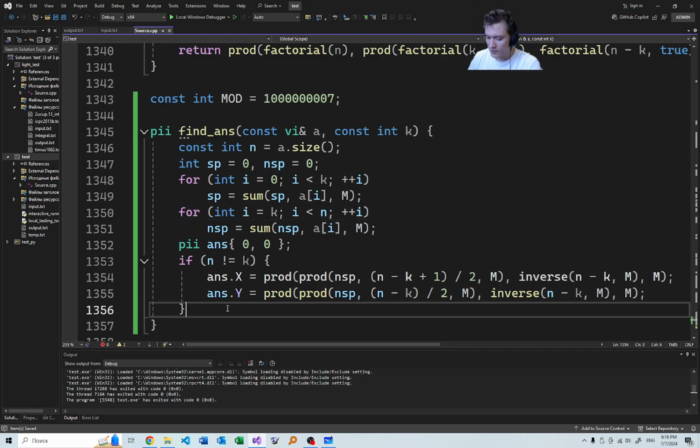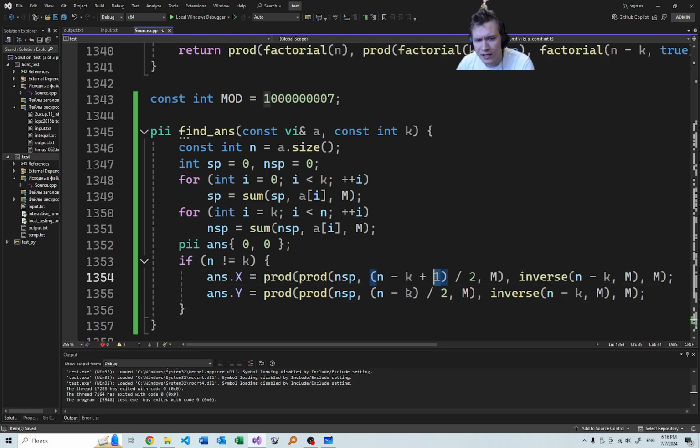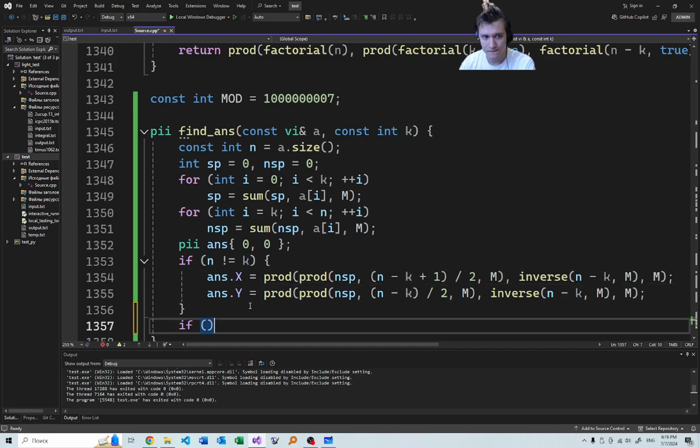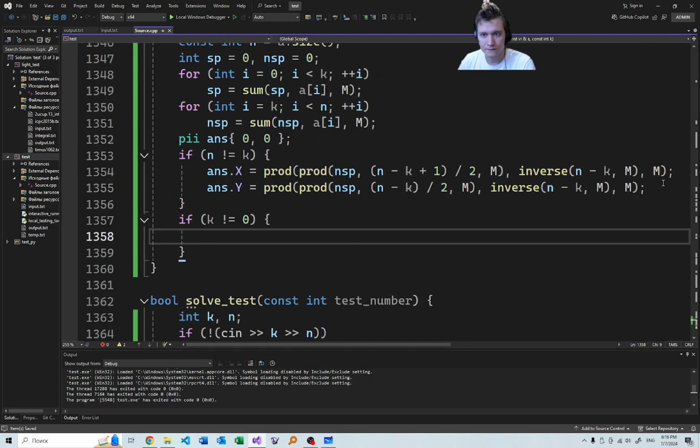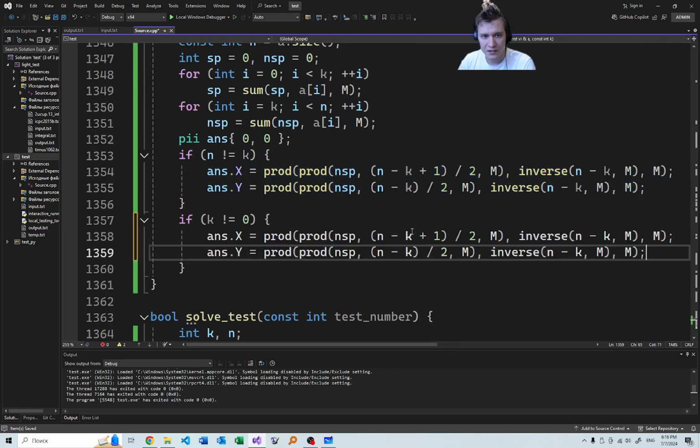Okay, what about not special? For not special, actually we need to add 1 to both these numbers. Therefore, here we write plus 2, and here plus 1.